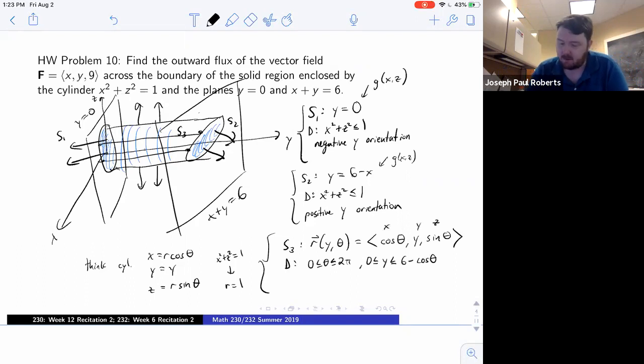Because this r of y theta is just x, y, z. And then the orientation here is away from the y-axis. Okay. So these are our three pieces.